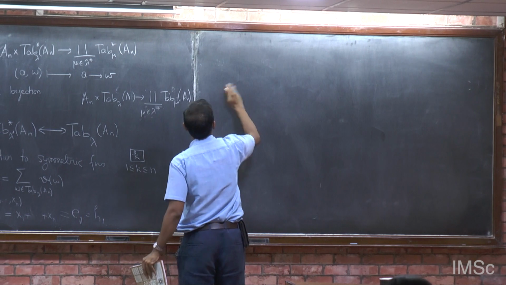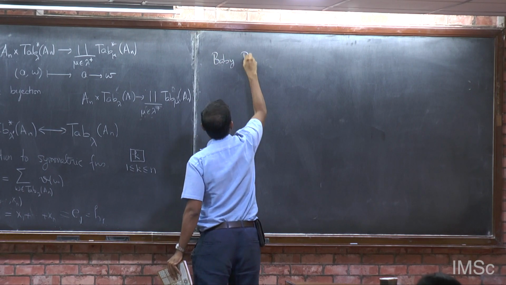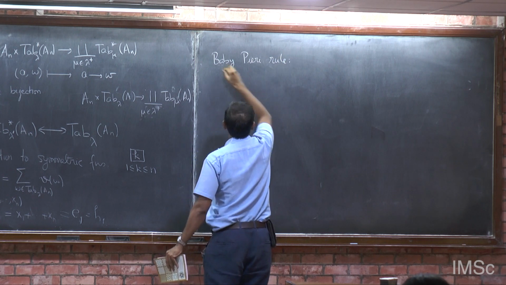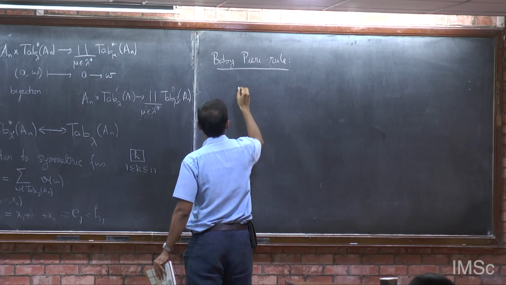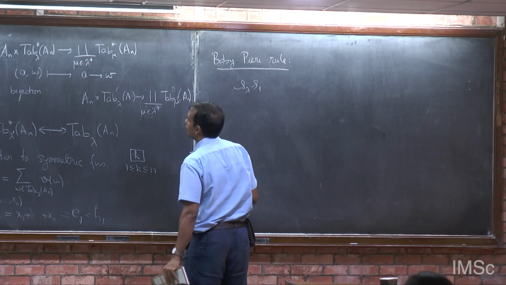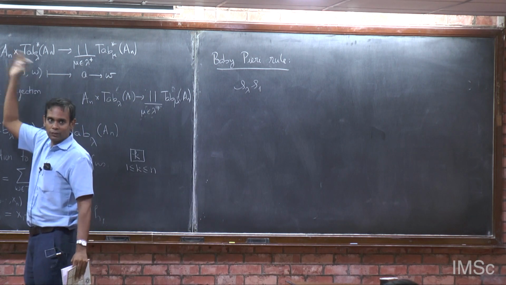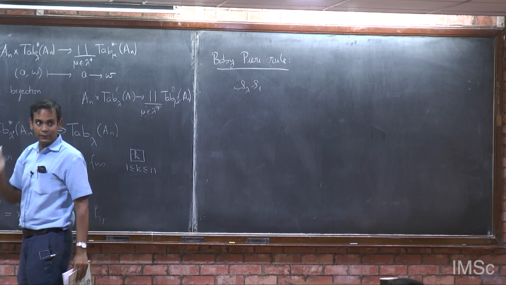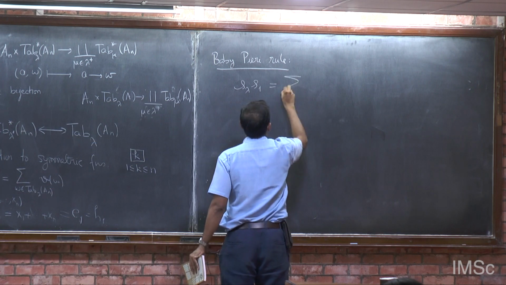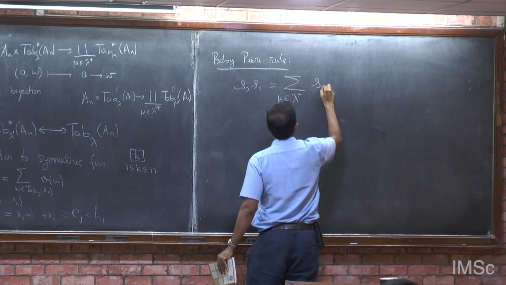I will call it Baby-Pieri's rule, which says that S lambda S1, when you apply weights to the left hand side of one of these identities, is equal to the sum over mu belonging to lambda plus of S mu.